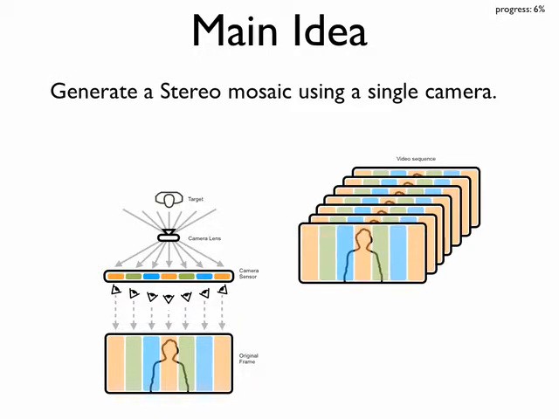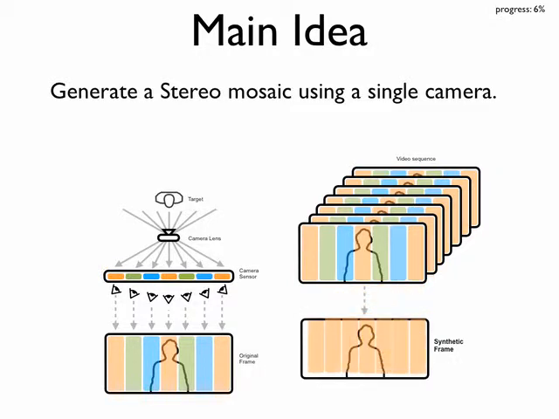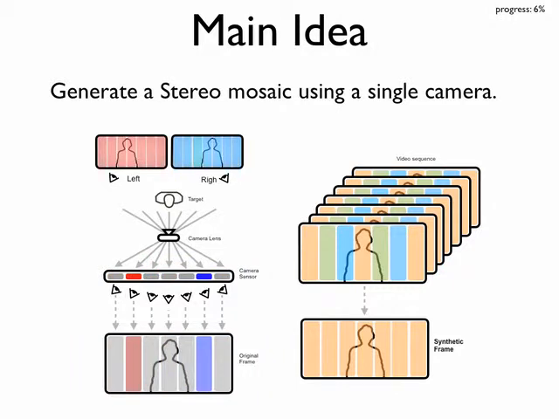If we have a video sequence of a camera moving parallel to the scene, we can use the regions belonging to a concrete region in the CCD in order to create a synthetic frame corresponding to a concrete point of view. If we do this in two different regions corresponding to the left and right eye, we can get a stereo mosaic.